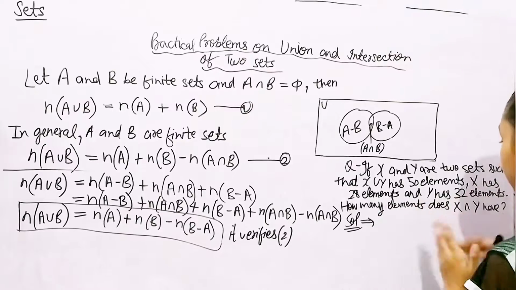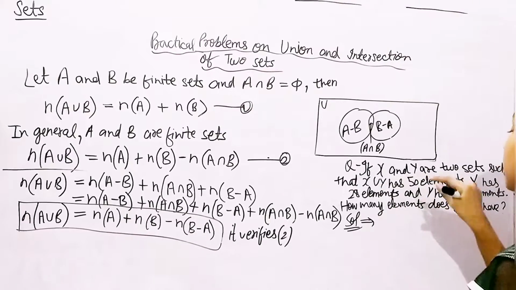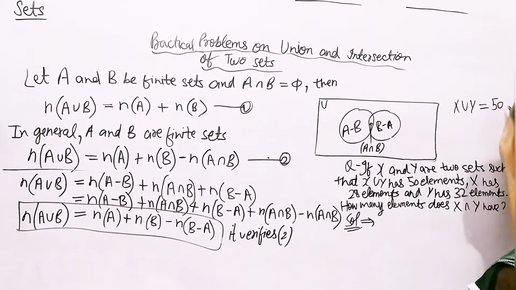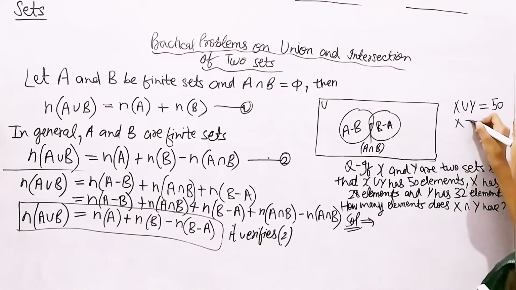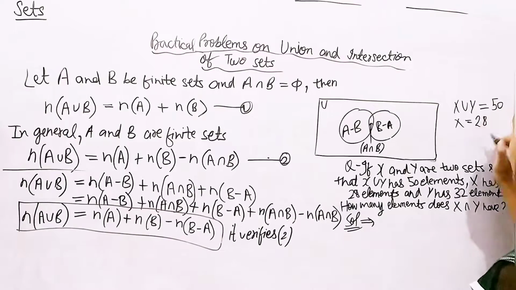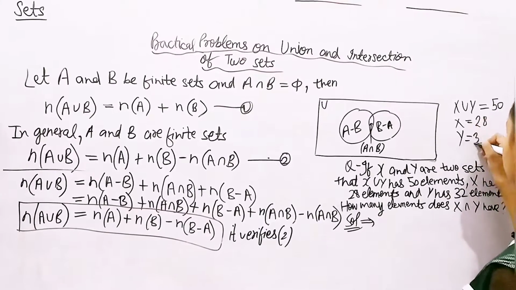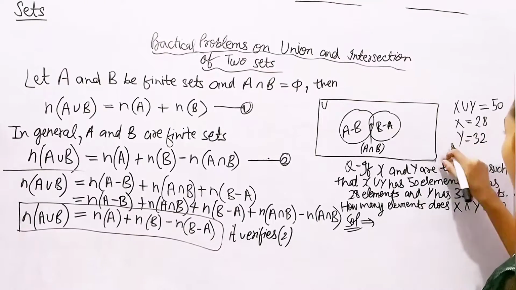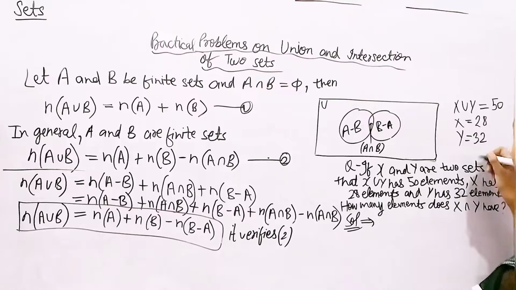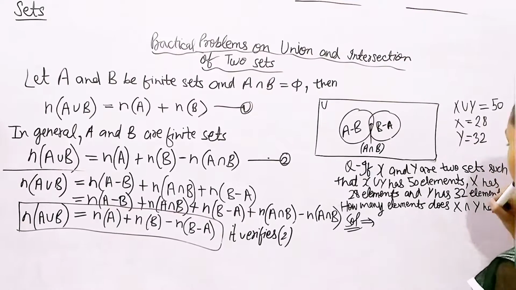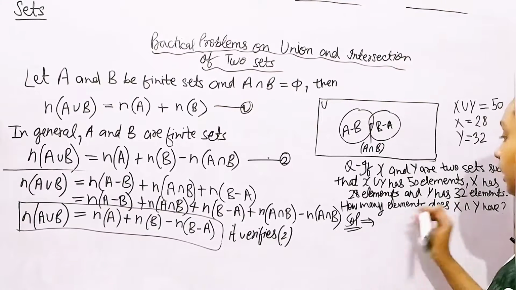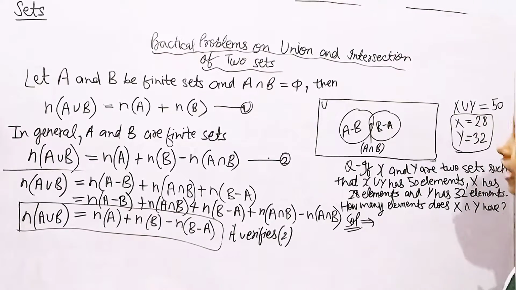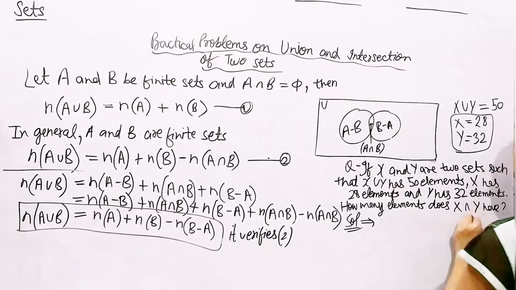It says X union Y is equal to 50 elements, X is equal to 28 elements, and Y is equal to 32 elements. So what do we have to find? We have to find X intersection Y.